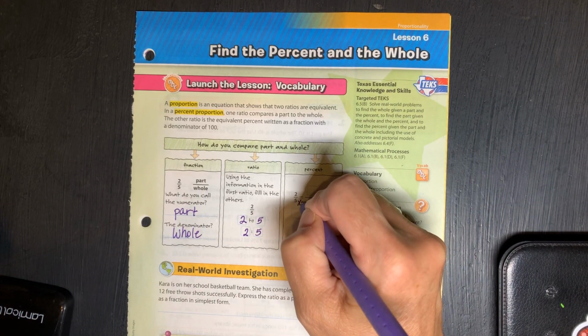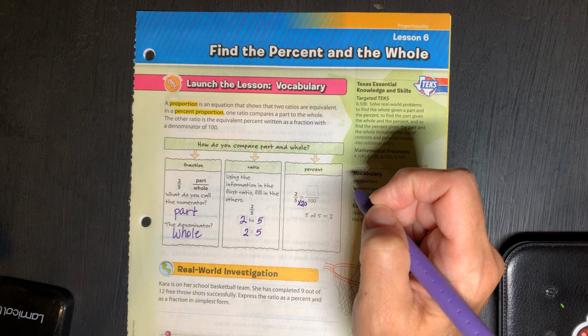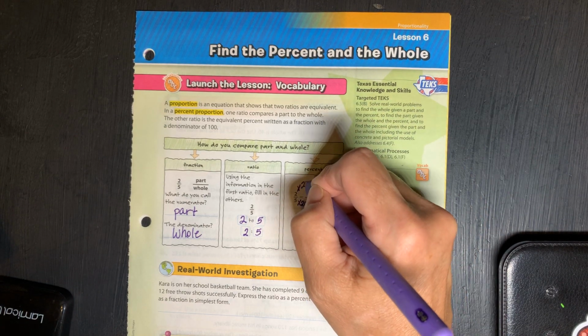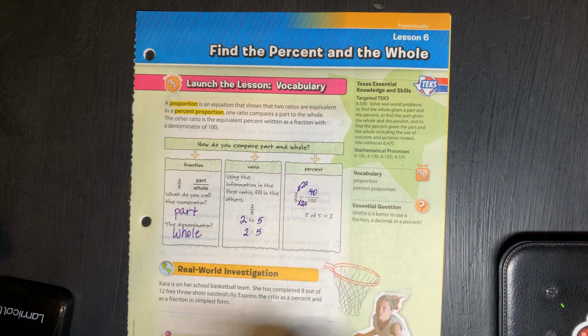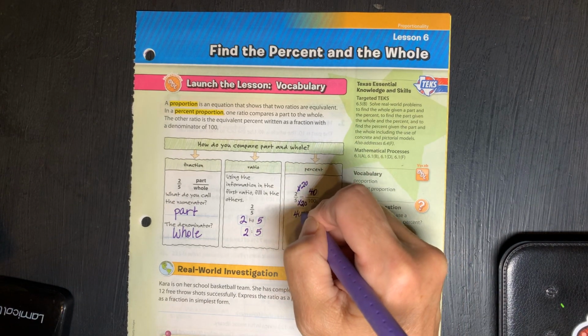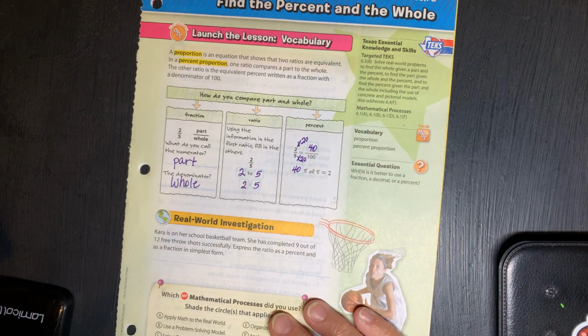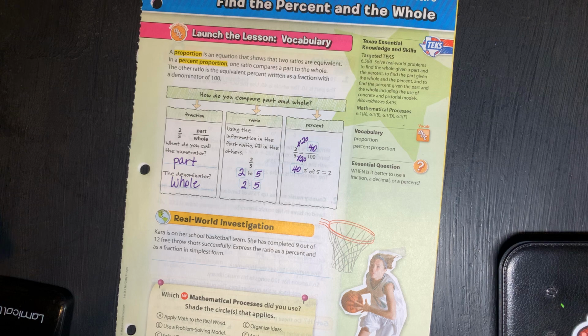So we know that 5 times 20 is 100. And so therefore 2 times 20 would give us 40 over 100, which would be 40%. And so 40% of 5 is 2. Isn't that great? Because we know that equals means is.